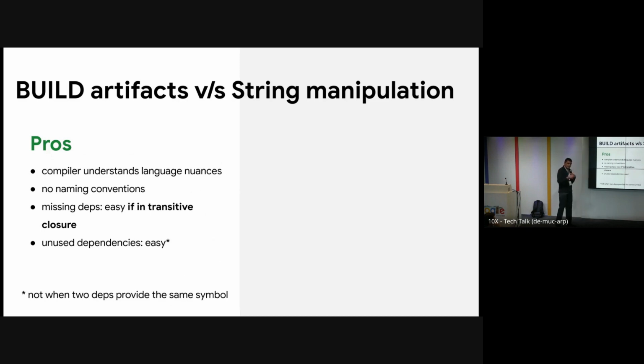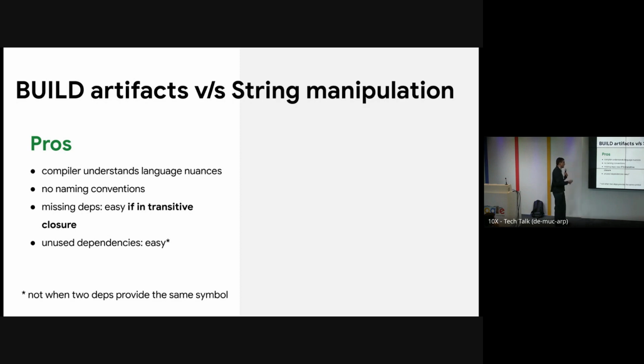So you have this information in your transitive dependency, and you can say, hey, that particular target, this was there in its provides, therefore it should be here. For unused dependencies, again, it's easy, right? Almost. Because you can just say that, hey, this dependency provides this class, but my target never required that class, so I don't need it.